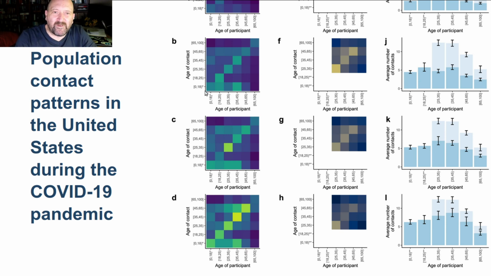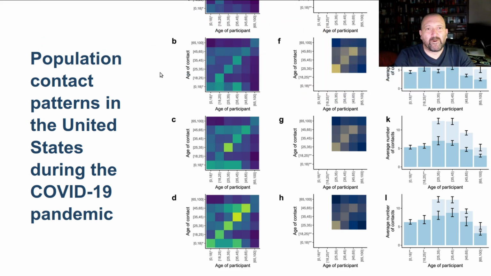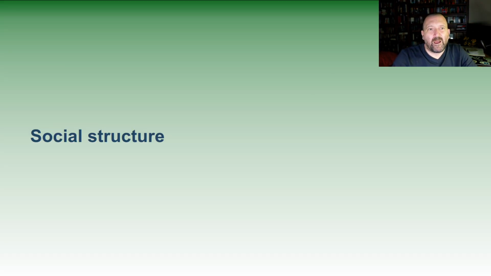And you can see that the diagonal of these matrices is where most of the contacts are taking place, because you tend to have contacts more with people of around the same age group as yours. So age groups are an important source of heterogeneity in contacts.